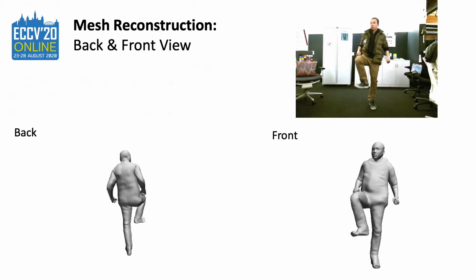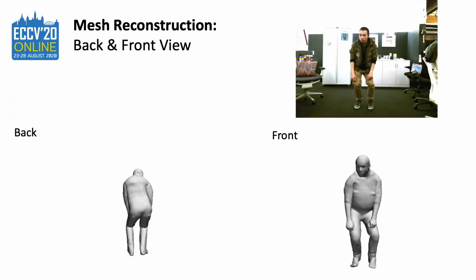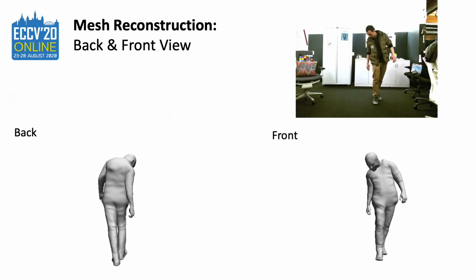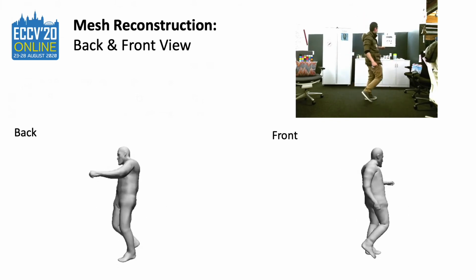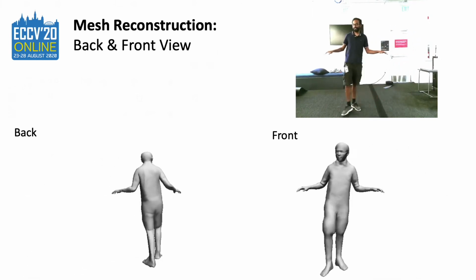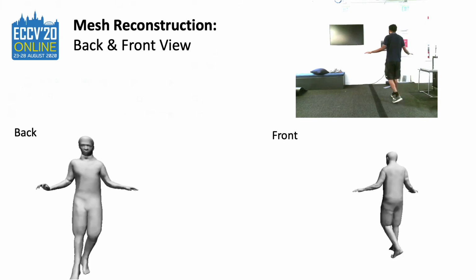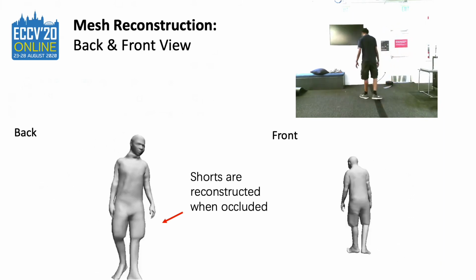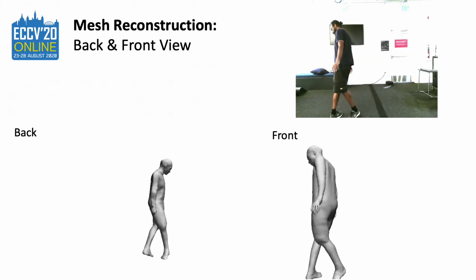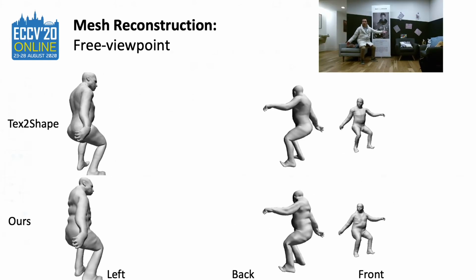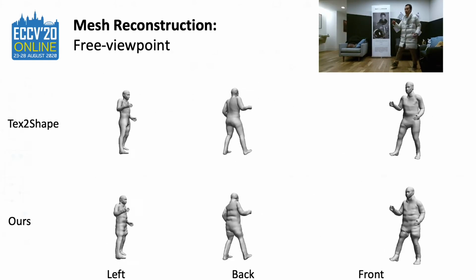We can reconstruct the occluded parts like the back of the human. In this case, the shorts can be well reconstructed when occluded. We can view the human from different viewpoints.